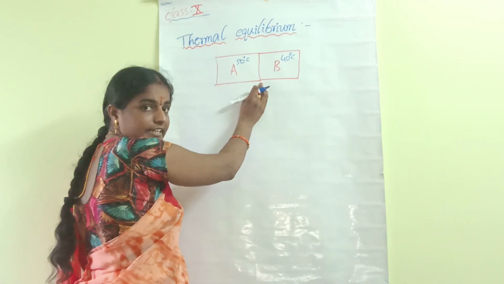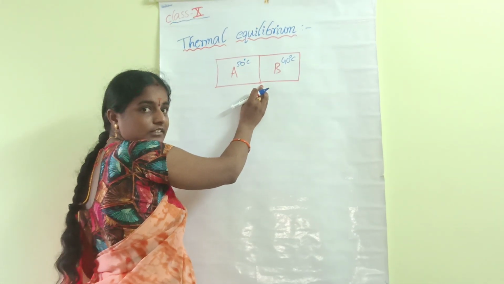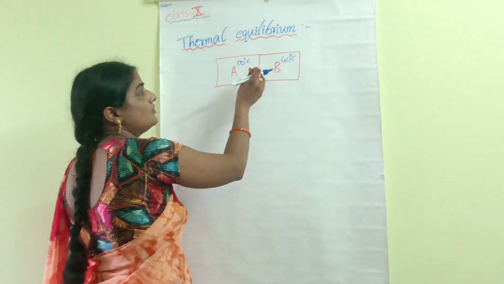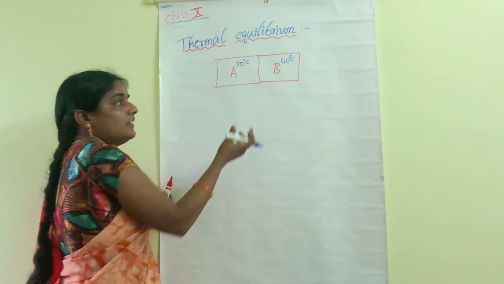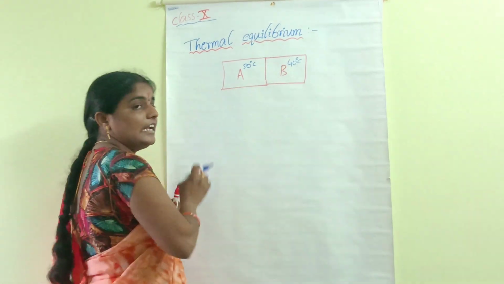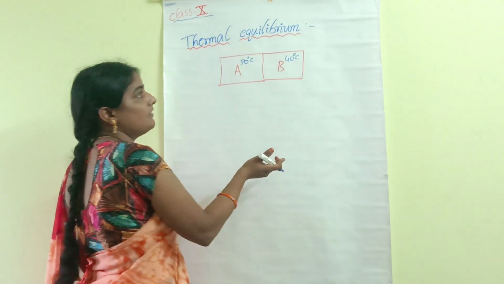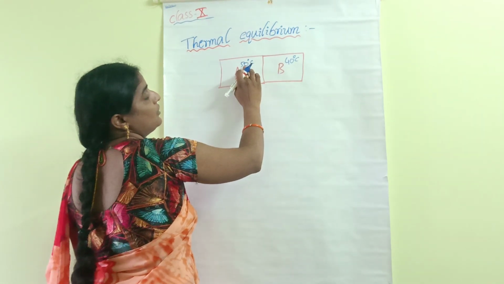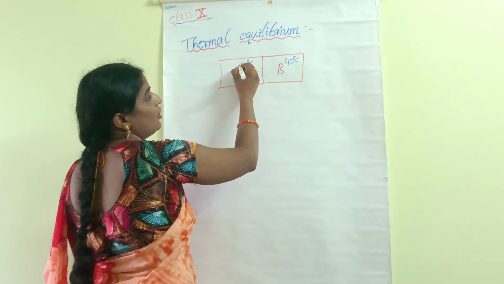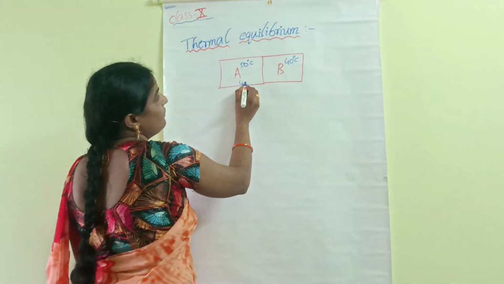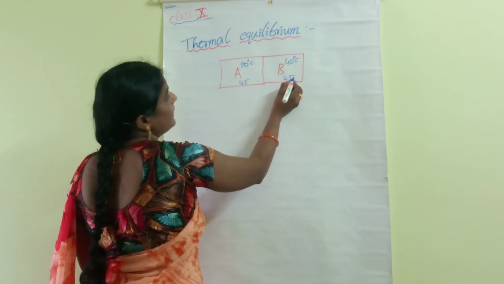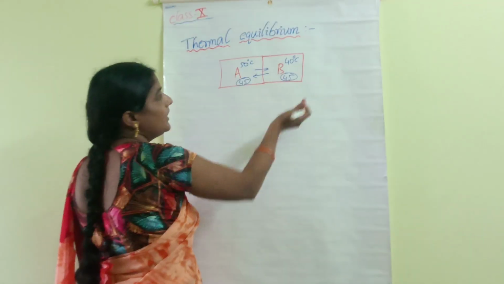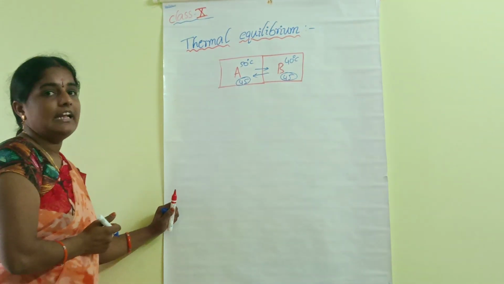Then obviously you can tell that they transfer heat energy between each other. Till what temperature will it transfer? Till both of them attain equal temperature. What is the difference here? 10 degrees Celsius. So the transfer will take place till both of them attain 45 and 45. This transfer continuously takes place, either from this to that or that to this, till both attain equal temperature.